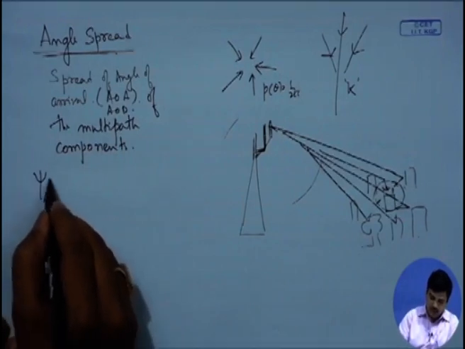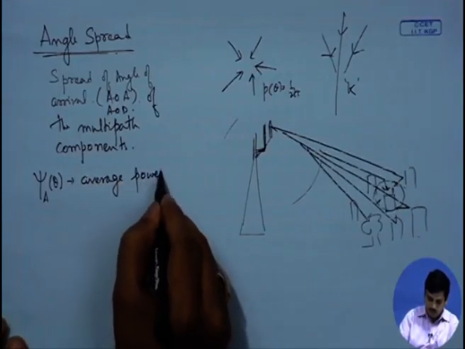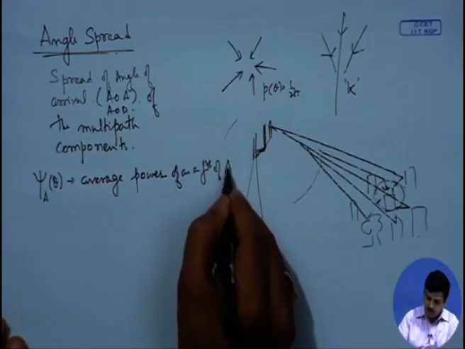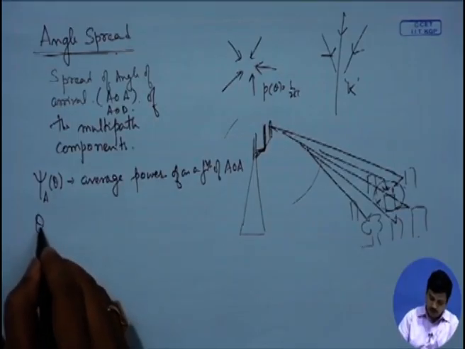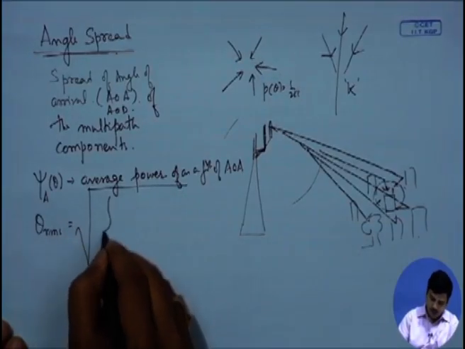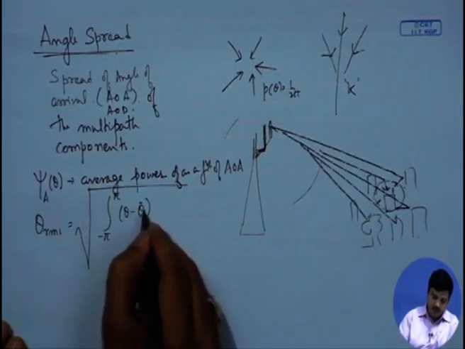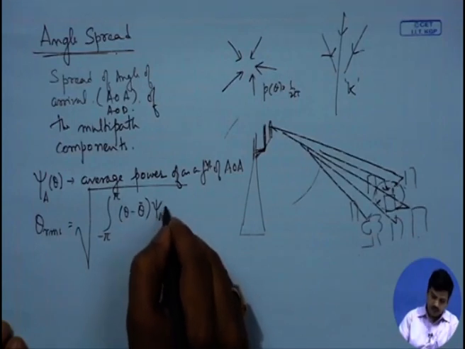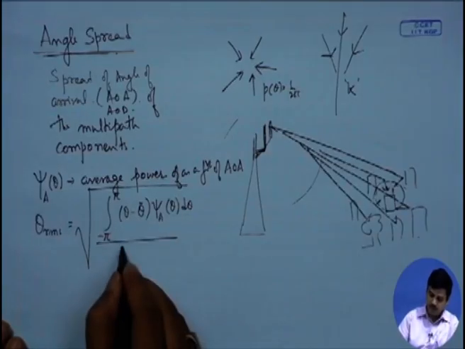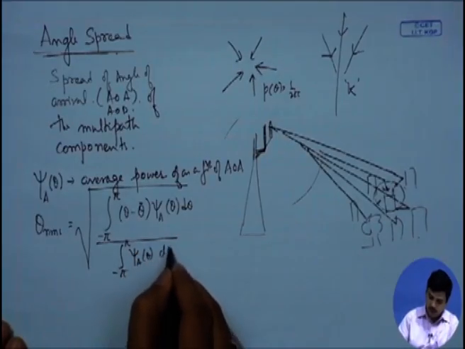So, if psi A of theta is the average power as a function of angle of arrival, then we could define theta root mean squared as the square root of the integral from minus pi to pi of (theta minus theta bar) squared, where theta bar is the mean angle of arrival, times psi A of theta, that means the power at the receiver coming at different angles, d theta, divided by the normalization factor, which is the integral of psi A of theta d theta.